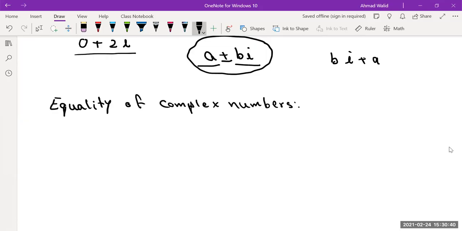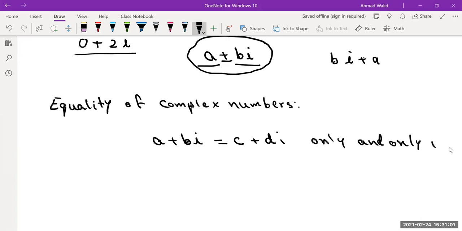What we have in this rule: if I have a complex number a plus bi, it can be equal to another complex number c plus di only and only if a is equal to c and b is equal to what? d.